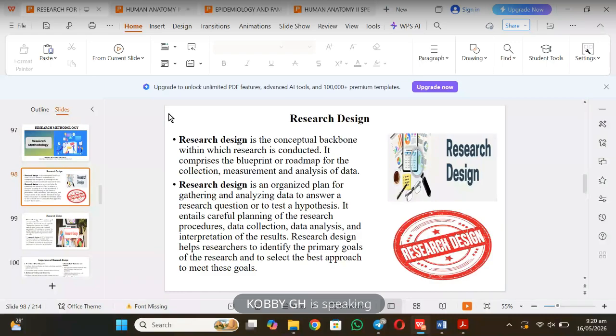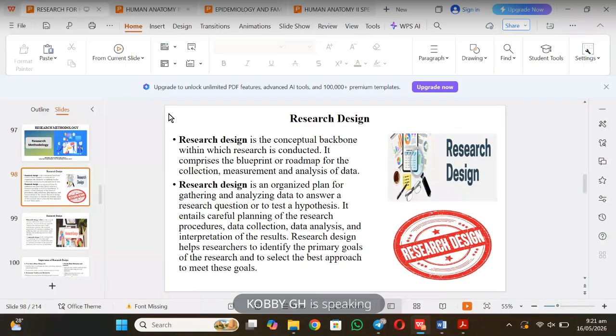When we say descriptive cross-sectional design, it simply means that you are doing your data collection at a single point in time. So, for example, you want to do a study, but you don't intend to conduct the study over a long period. So we use the words single point in time.